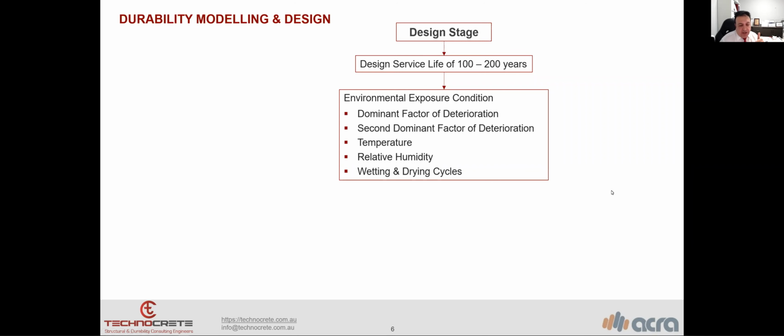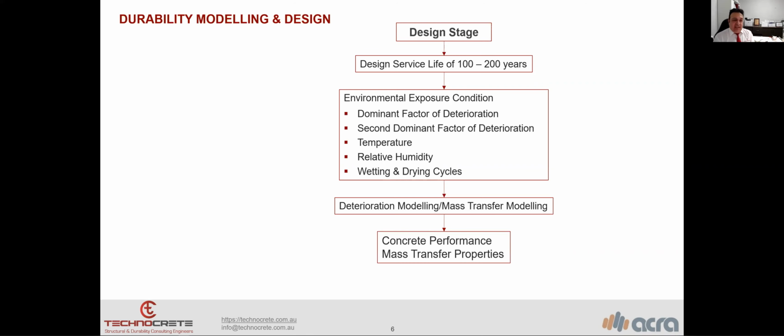factors if required. Then temperature, relative humidity, and wetting and drying cycles are the other factors which we have to consider as the microenvironmental exposure condition for that specific structure. After these, we have to model the mass transfer of those materials or those elements into the concrete.